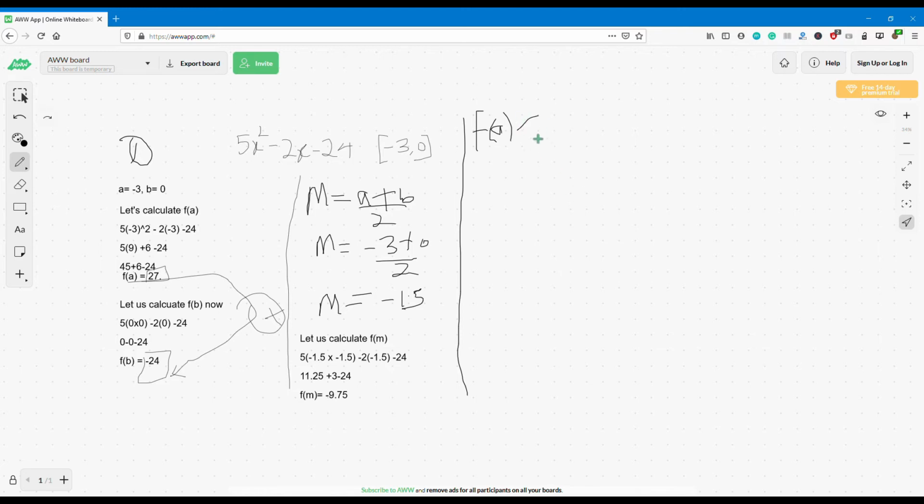Struggling to write this thing. Times f of m. That is going to be, what is f of a? F of a in the question is 27 times minus 9.75.